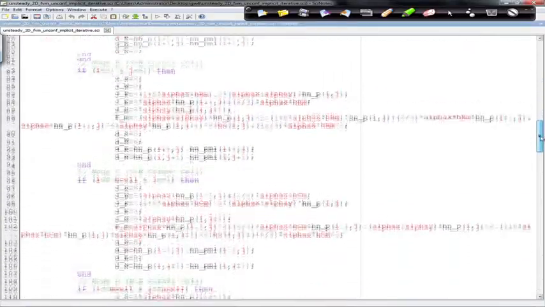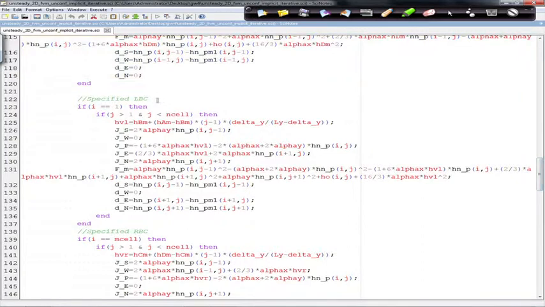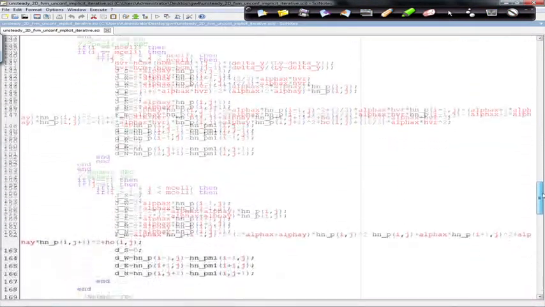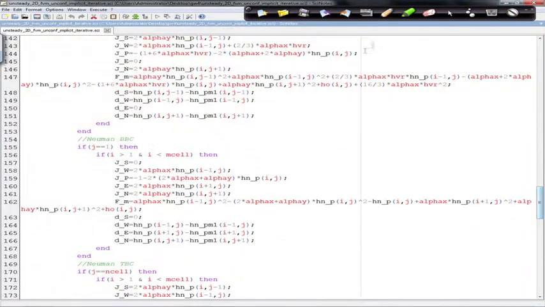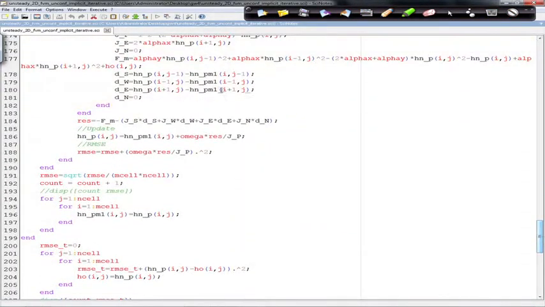We also have to implement the specified left boundary condition, the specified right boundary condition, and the Neumann boundary condition on bottom and on top. After implementing these, we need to calculate the residual.